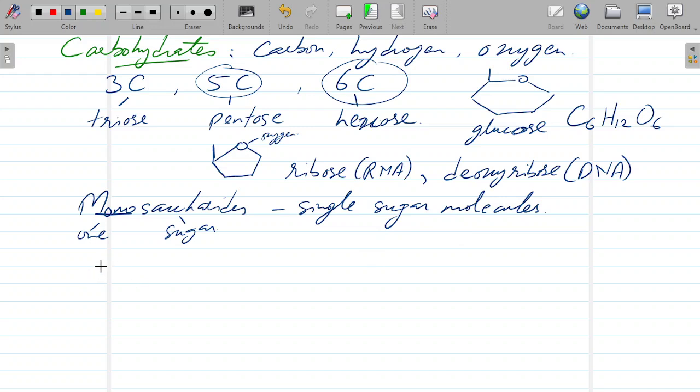What happens is, these guys can build up into more complex molecules. So you can have two of them joining together in what is called a condensation reaction.